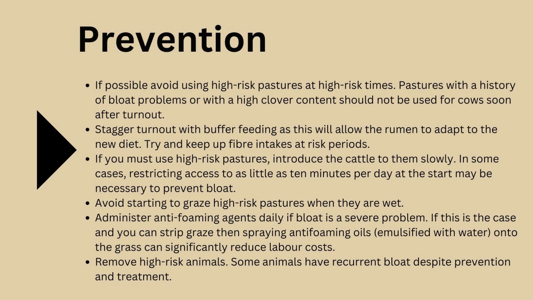Try and keep up fiber intakes at risk periods. If you must use high-risk pastures, introduce the cattle to them slowly. In some cases, restricting access to as little as 10 minutes per day at the start may be necessary to prevent bloat. Avoid starting to graze high-risk pastures when they are wet.